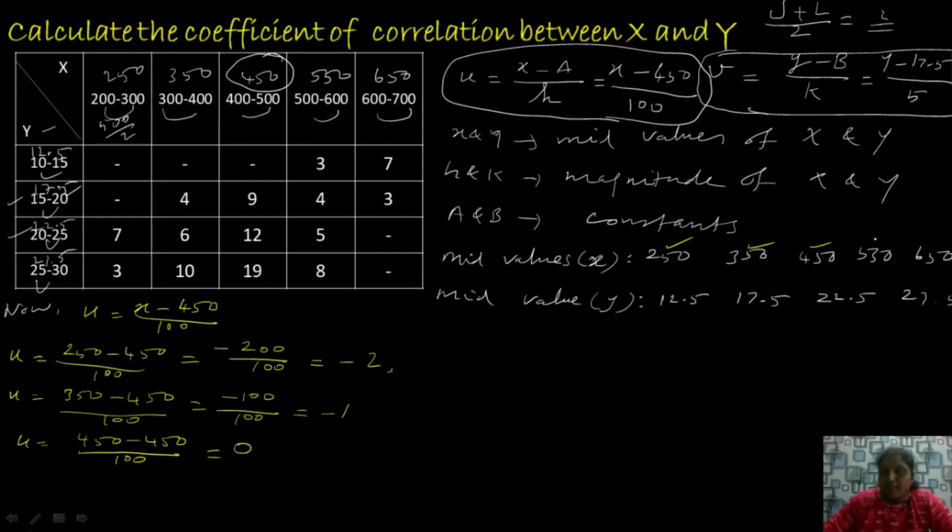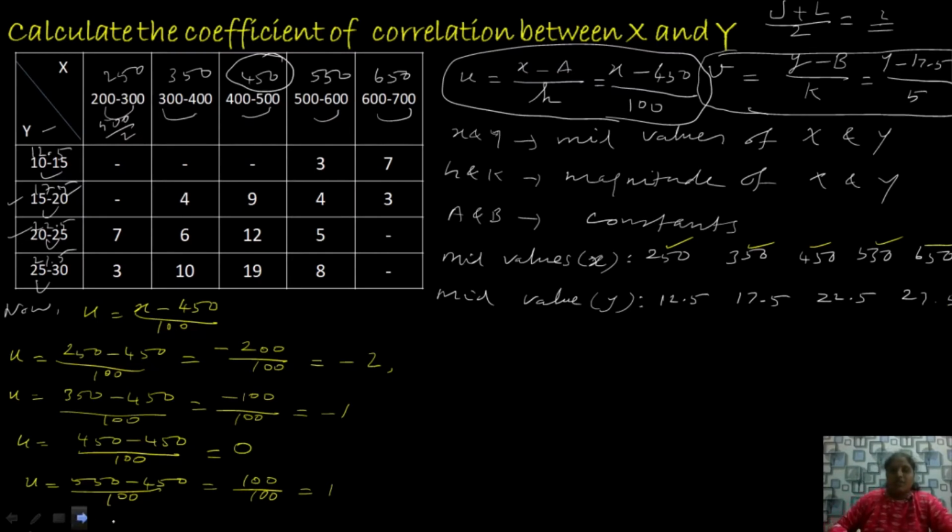Next if you take 550, so u is equal to (550 minus 450) over 100. So you get the numerator plus 100 over 100, that is equal to plus 1. The last value 650.